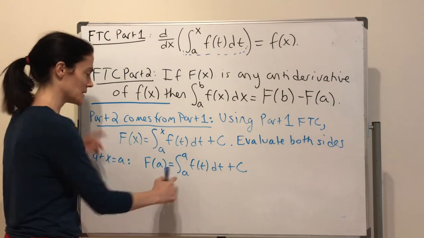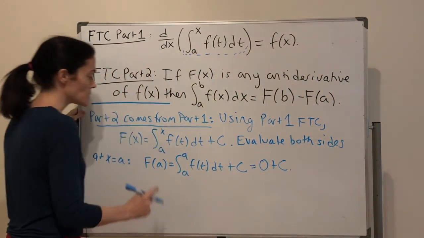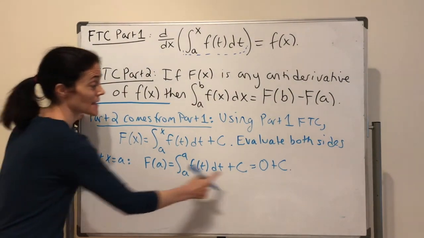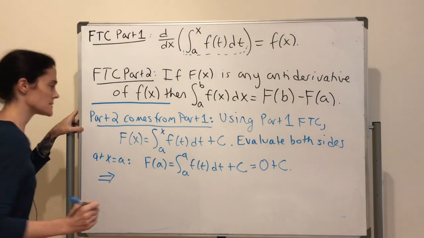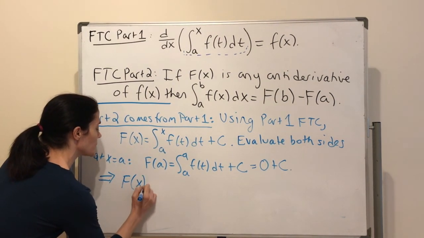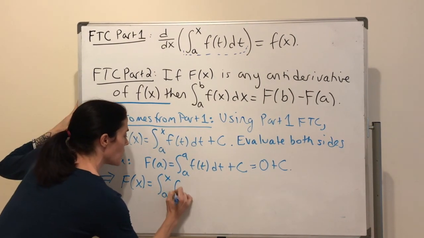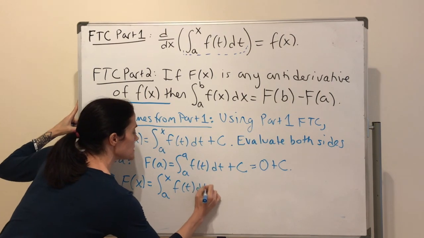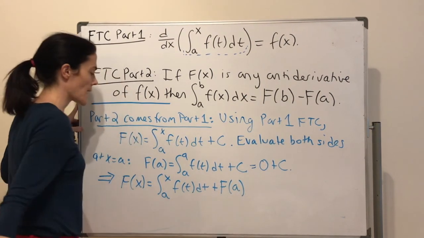It's 0. So this would be 0 plus c. And you see here that capital F of a is this constant c. So now if I rewrite this, I get that capital F of x is the integral from a to x of f of t dt plus capital F of a. Okay?